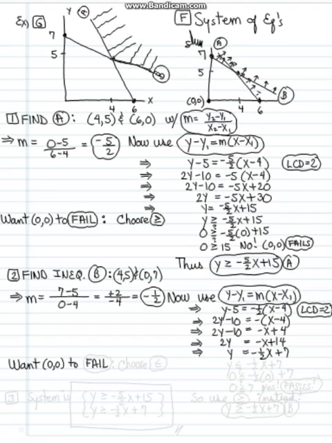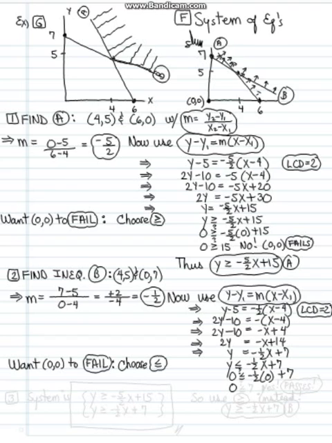Just for a different view, we'll choose the other direction, less than or equal, and see what happens. That means we have y less than or equal to negative 1/2 x plus 7, and we hope that it fails. Let's apply 0, 0: is 0 less than or equal to negative 1/2 times 0 plus 7?